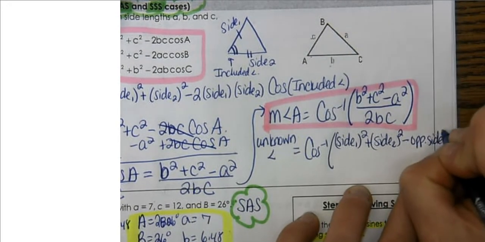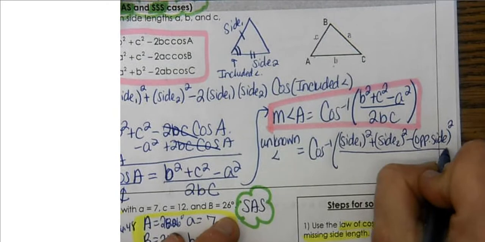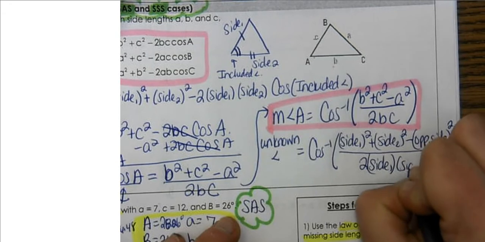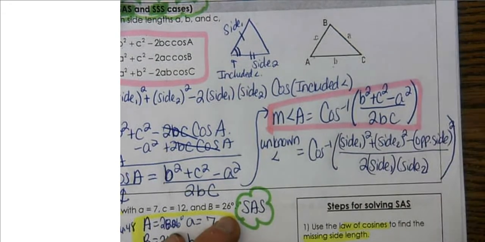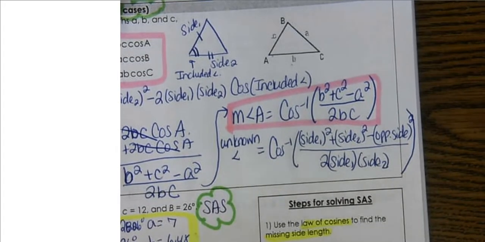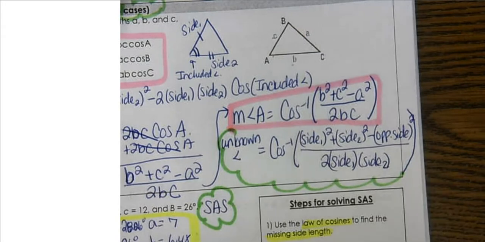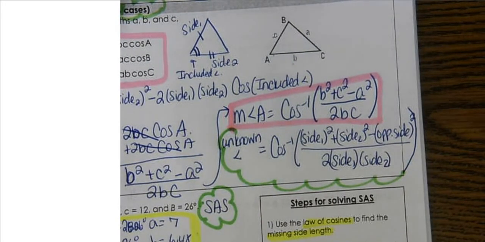There's always going to be an opposite side of the angle that you want to find. All divided by 2 times your side 1 times your side 2. And that is our formula for finding an unknown angle using the law of cosines. So one is just working with letters, the other one is just explaining it in words.